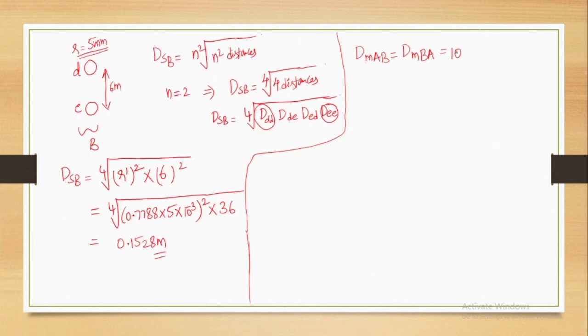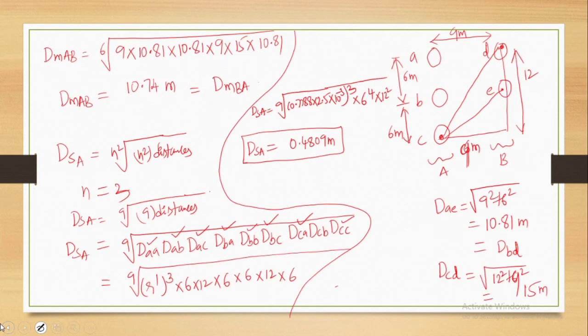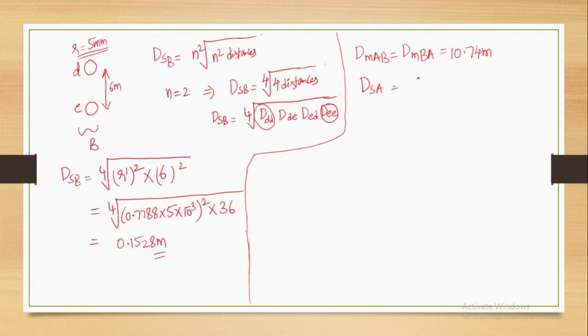Similarly, GMR of A side, which has 3 conductors, is 0.4809 meters. Next, GMR of B side is 0.1528 meter. So these are all the values.